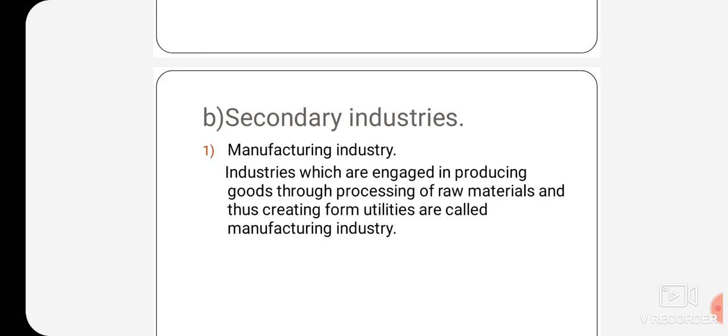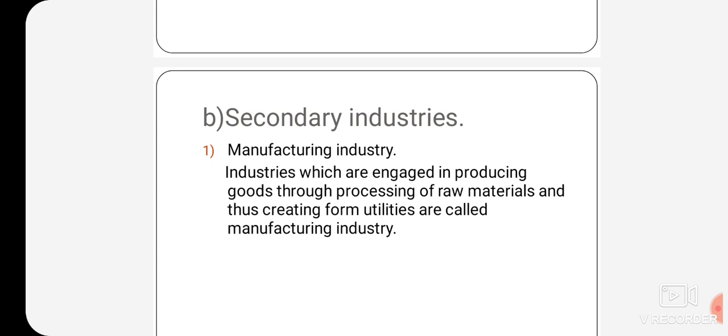Secondary industries are going to be classified. If you go through the chart, you will come to know secondary industries are classified into two, that is manufacturing industry and construction industries. Before going to that, what do you mean by secondary industries? Industries which are engaged in producing goods through processing of raw materials and thus creating form utilities are called manufacturing industry.